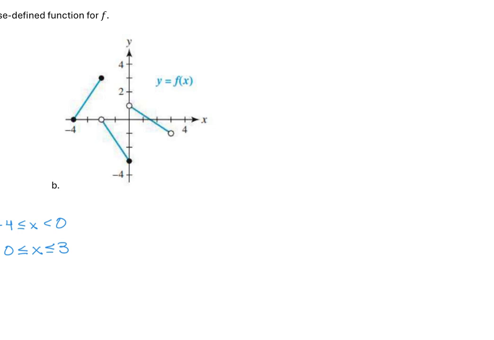So again, we're going to start by writing our function name, f of x, and for this one, I'm going to start with the easier pieces, and so I'm going to move from right to left.